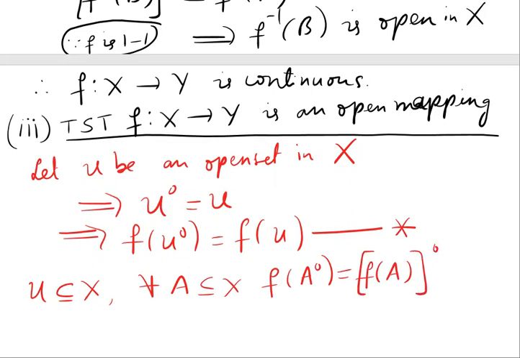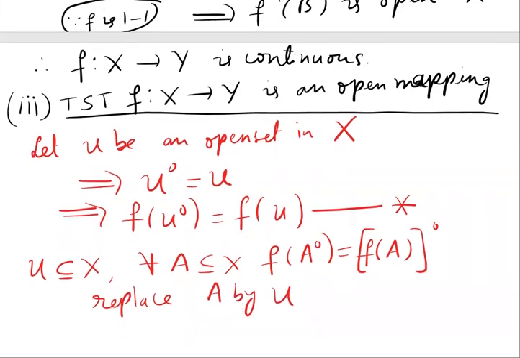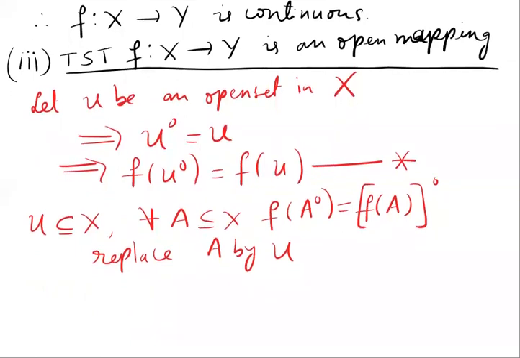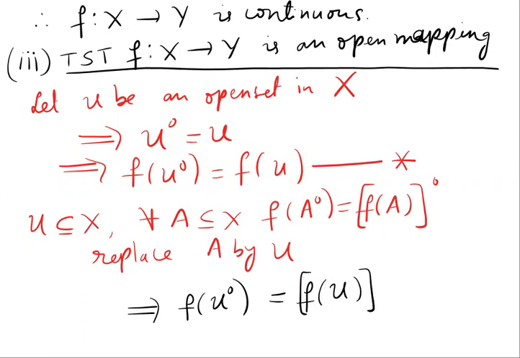This is what they have given. Now what do you do? You just replace A by U. In the place of A, we have to put U, right? So that implies F of U interior is equal to F of U whole interior. Now, what is U interior, guys? F of U interior is nothing but U only, equal to F of U whole interior. Right?